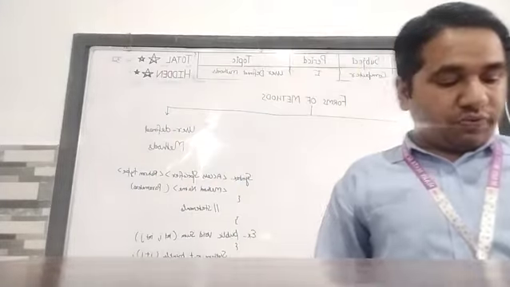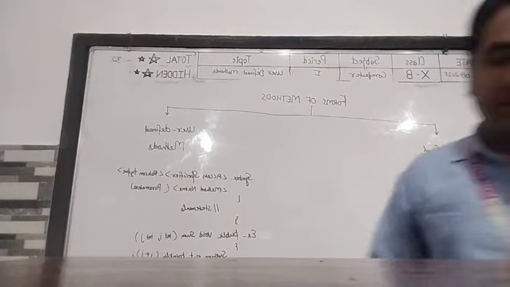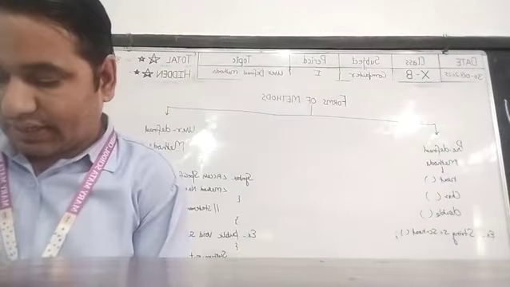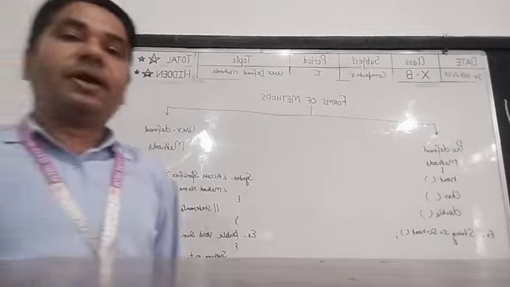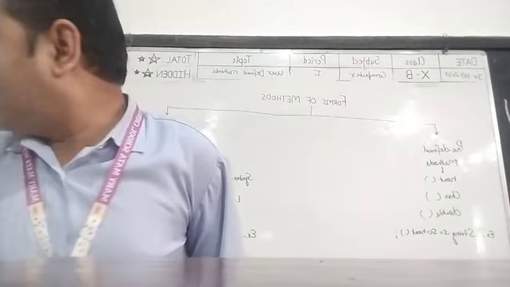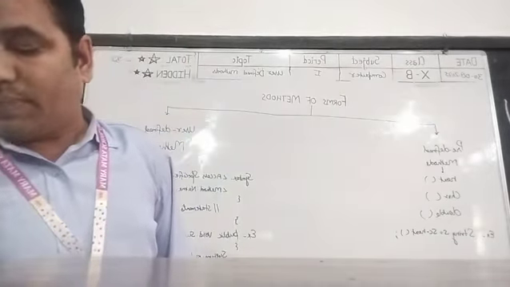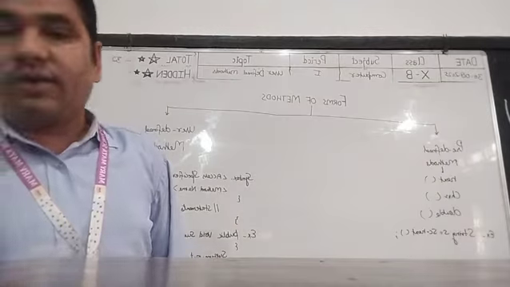Okay, so once again just revise, look at the revision. What are methods? A method in a Java program is a group of statements which can be used together for a particular task.